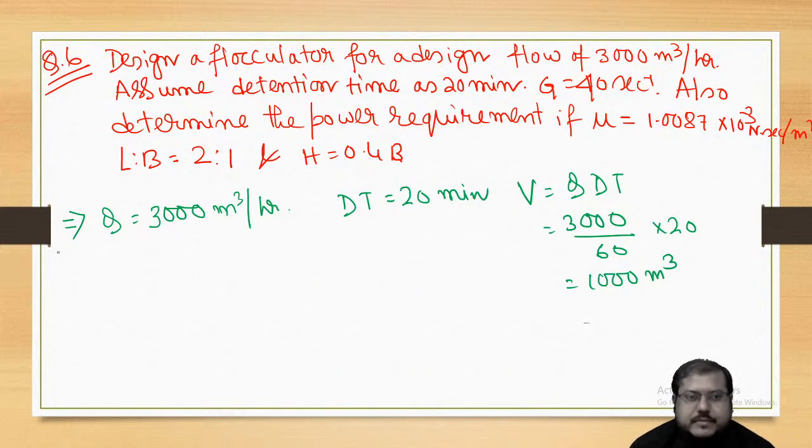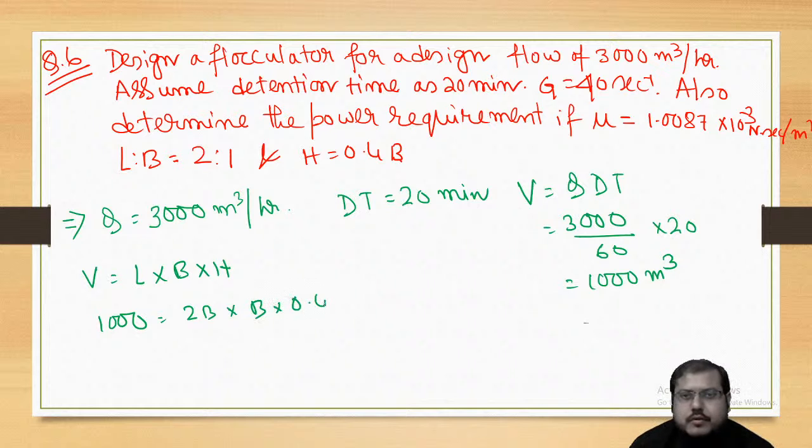So volume is nothing but L into B into H. From here, 1,000 will be equals to L to B, given ratio. So 2B into B into 0.4 B. So 0.8 B cube is equal to 1,000.